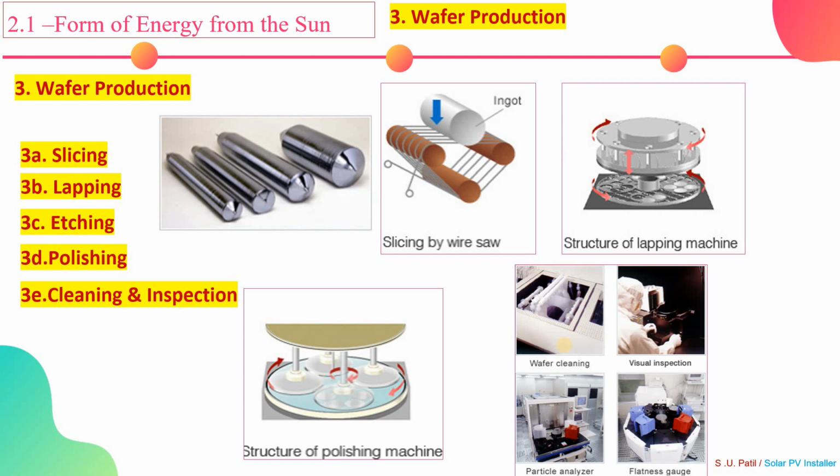The surface of the wafer must be polished to a high quality mirror finish. To accomplish this, the process must remove any micro cracks, scratches or other residual work damage. After polishing, the silicon wafers are followed by cleaning and inspection. Inspection may be visual or by using a particle analyzer and flatness gauges.